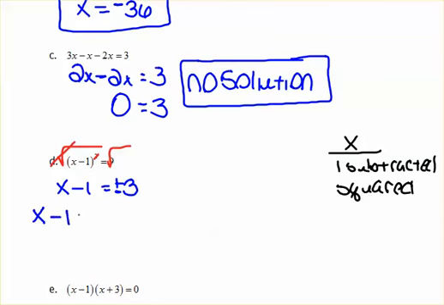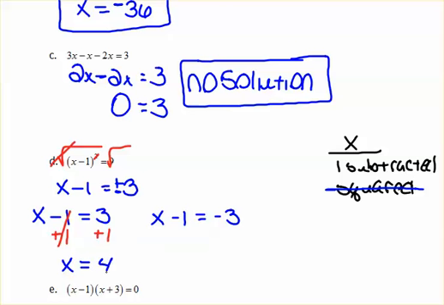We have x minus 1 equals 3. We also have x minus 1 equals negative 3. So now we can solve both equations. We took care of our squaring, so now 1 is being subtracted from the x. So we're going to undo that by doing the opposite, which would be to add 1 to both sides. So x will equal 3 plus 1, which is 4. The signs are the same, so we add and keep the sign.